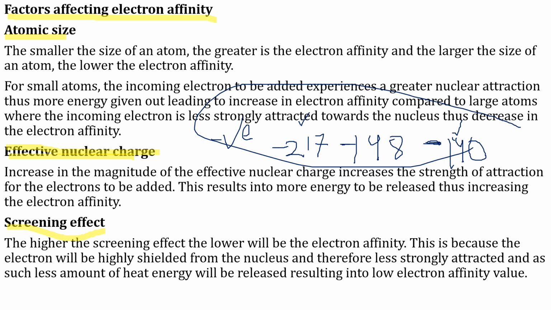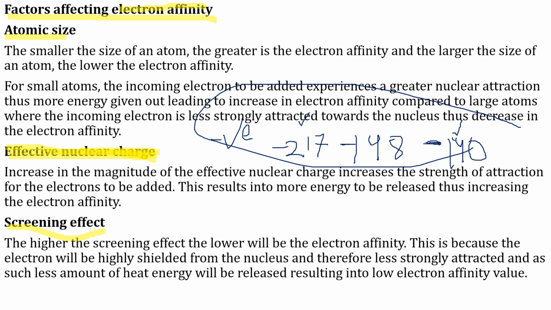Now we said in earlier videos, effective nuclear charge is having its impact on outermost electrons. So if you think logically, what would happen if effective nuclear charge increases? The outermost electrons are going to be strongly attracted, and similar applies to the incoming electron, because when I was explaining electron affinity, your explanations must be in terms of the incoming electron because we're adding electrons. So if effective nuclear charge is high, the incoming electron is going to experience more attraction from the nucleus than it's being repelled.